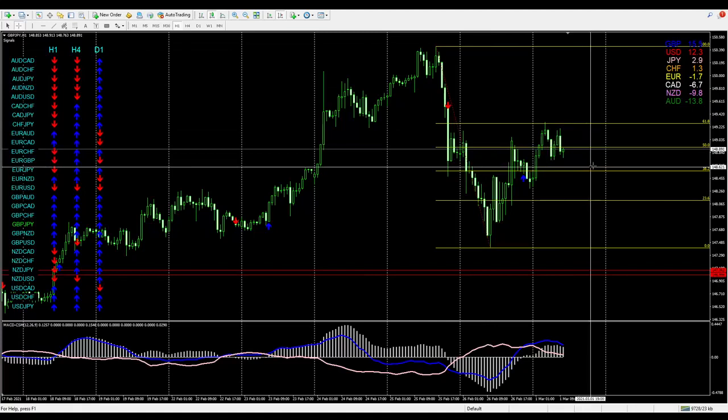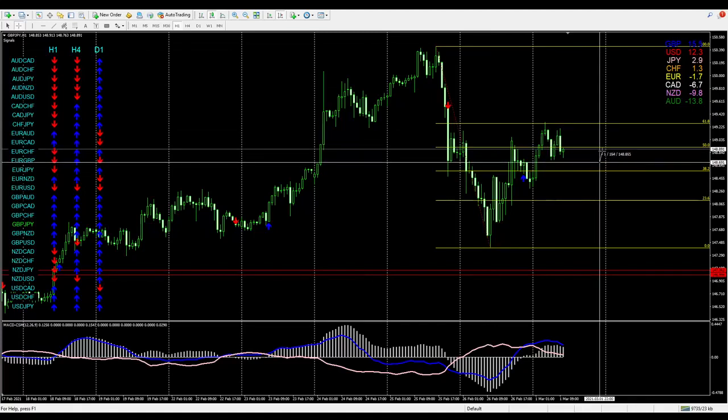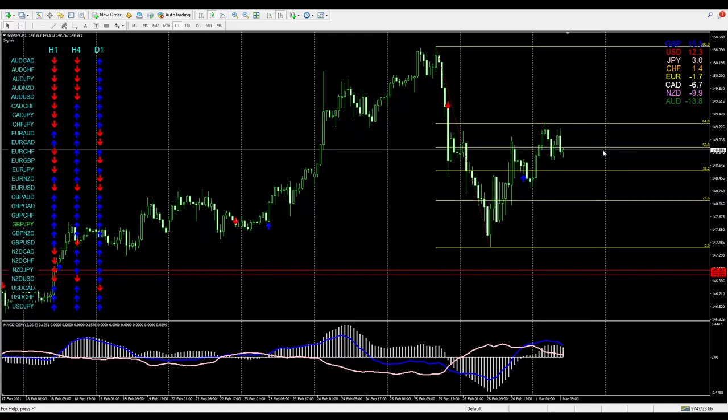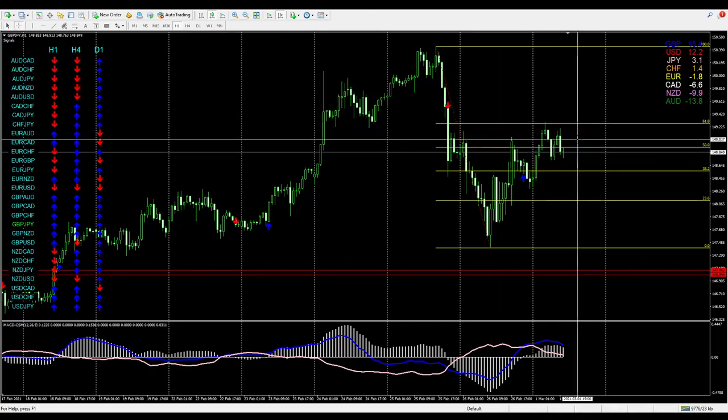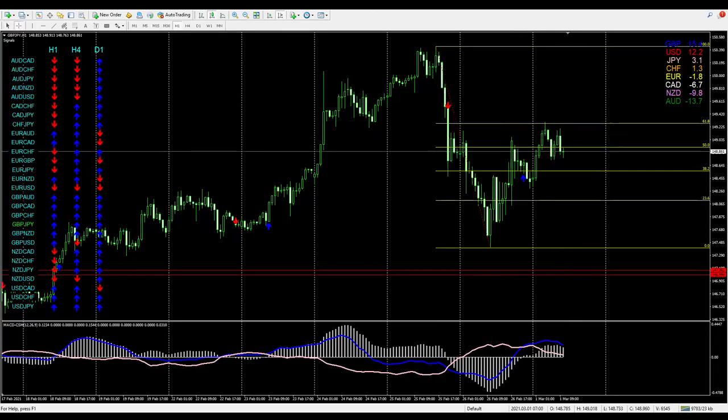For those who entered since Friday, you are around positive 18 pips as of today. And since, as we can see, the current price of GBP JPY is below 50 Fibonacci, you could enter GBP JPY now. And the target profit would be the 100 Fibonacci, which is here.